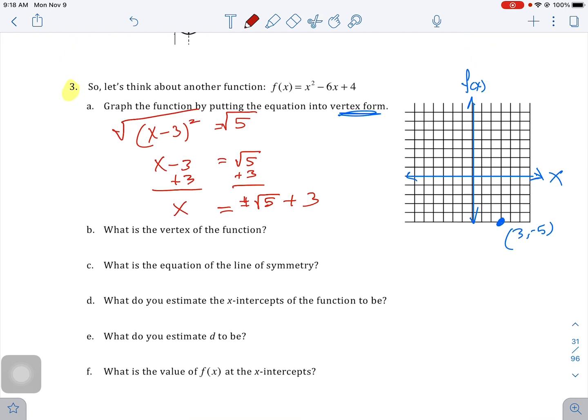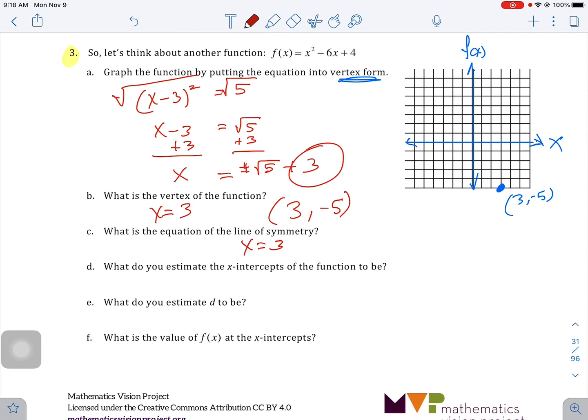Okay. And then from this, you can say, wait a second, the vertex must be at x equals 3. And if you plug in 3, you get 9 minus 18, which is minus 9, plus 4 is minus 5. The line of symmetry is at x equals 3.